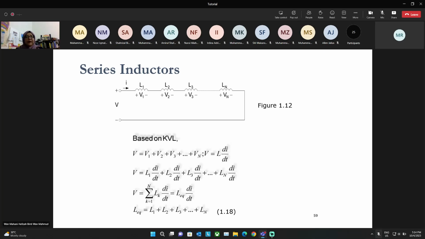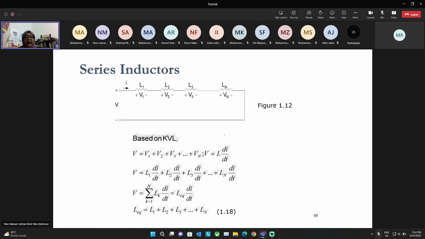Okay. So let's say we have a series of inductors. You have L1, L2, L3 up until Ln in series. So voltage, kalau you kira KVL dia, Kirchhoff voltage law, V dekat power supply ni is actually equals to V1 plus V2 plus V3 plus Vn.